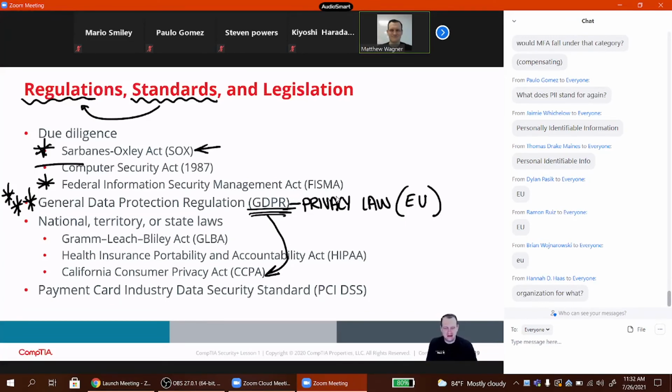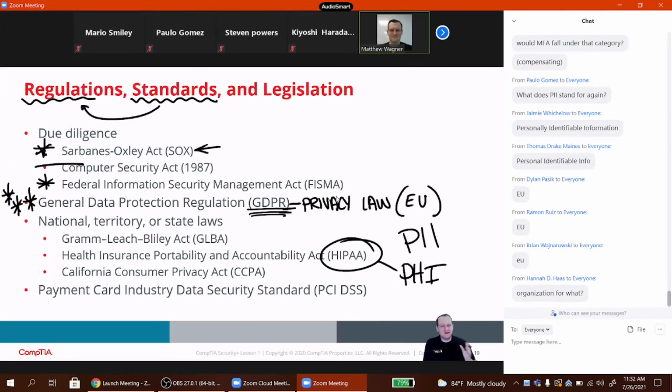Outside of the GDPR and the CCPA, which are all about that PII again, we do have HIPAA, which is about protecting PHI data. PII was our protected identifiable information, or personal identifiable information, depending on who you're talking to.